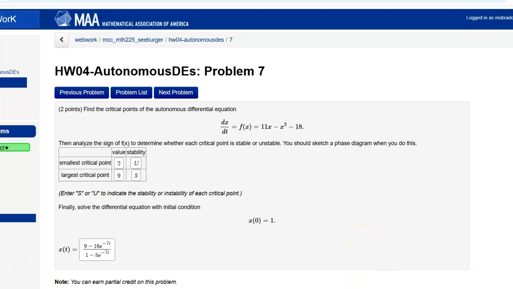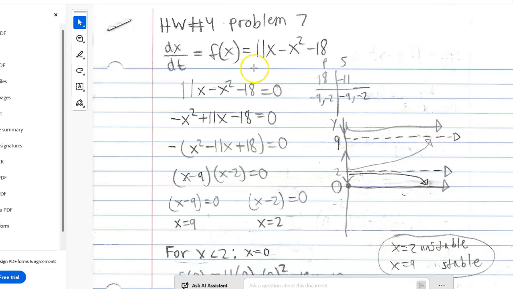So, to find out if this is true or not, we go over here to the work done for this problem. To find the critical points, we take 11x minus x squared minus 18 and set it equal to 0. Then we rearrange it to have a better understanding of the equation, which is negative x squared plus 11x minus 18 equals 0.